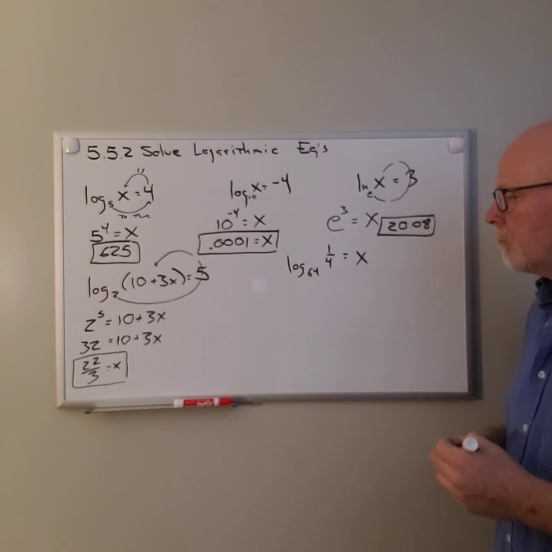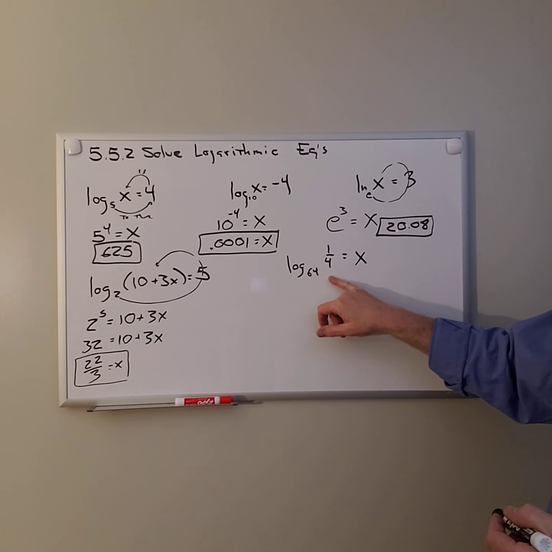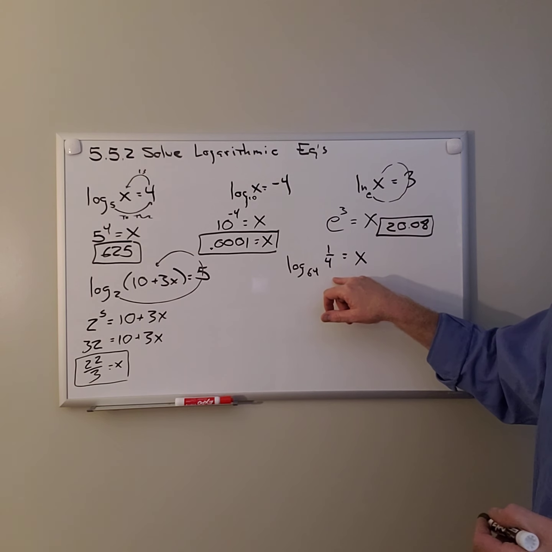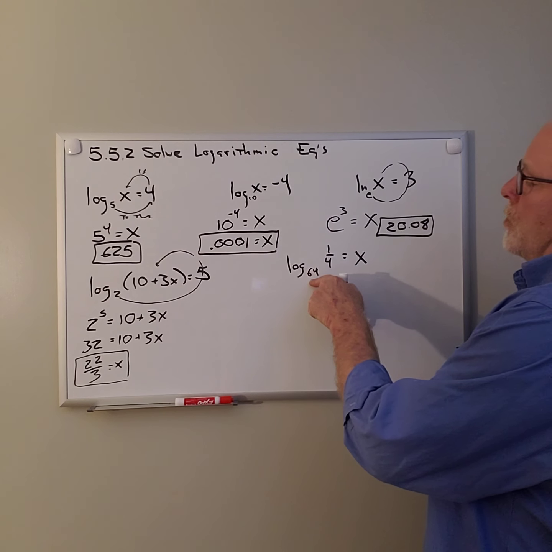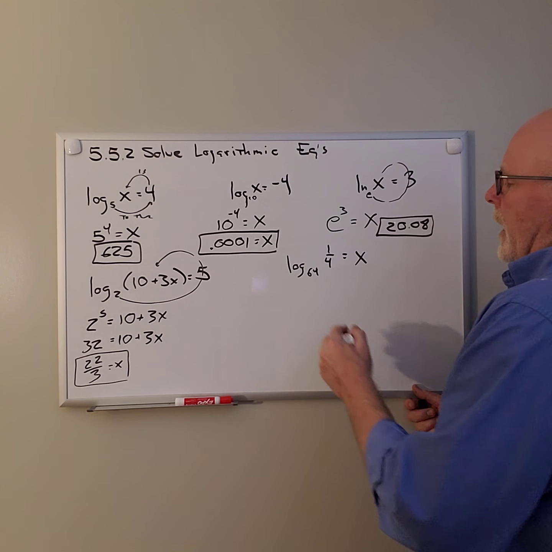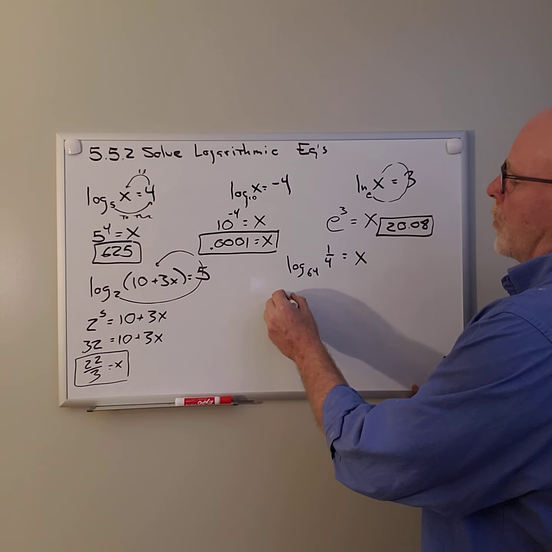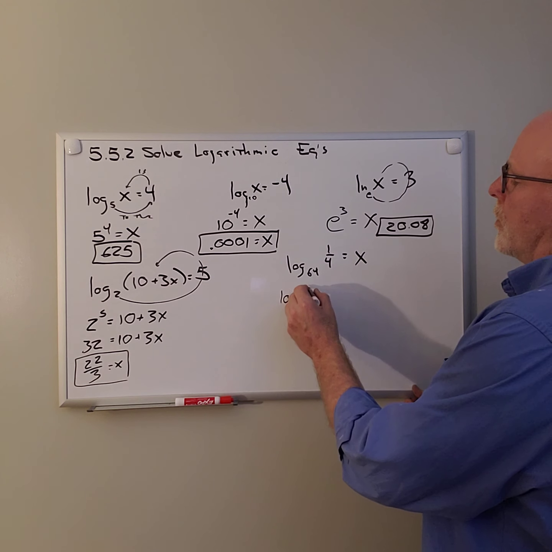This one's a trick question. This is not a logarithmic equation because the x isn't trapped inside the log. The x is already alone on one side. So all you have to do is figure out what log base 64 of 1/4 is. And that's just converting using the change of base formula. Hope you remember that, only a couple of lectures ago.